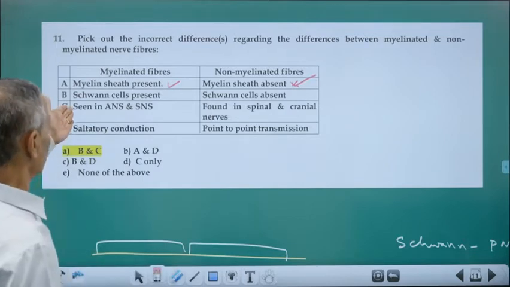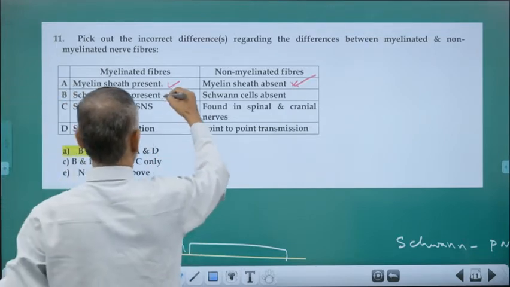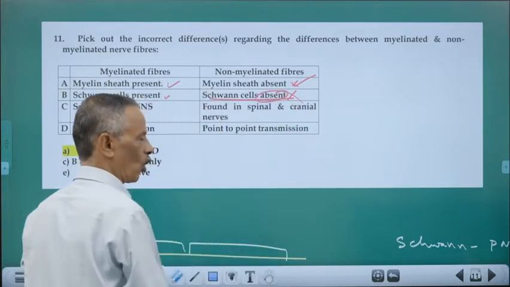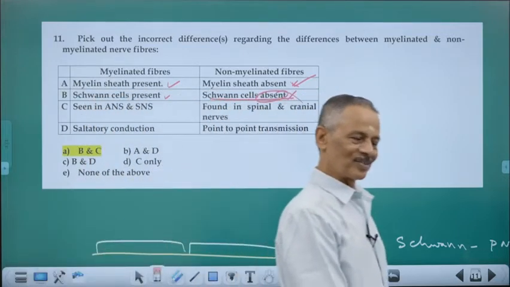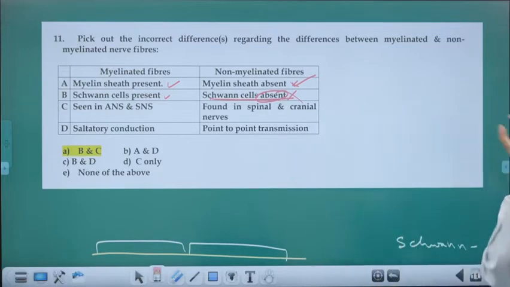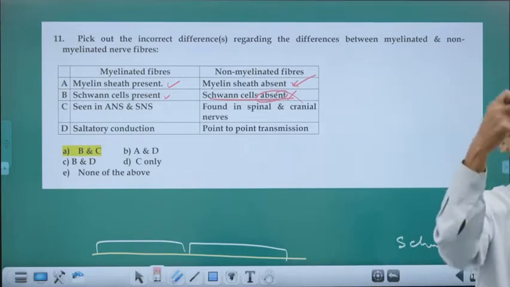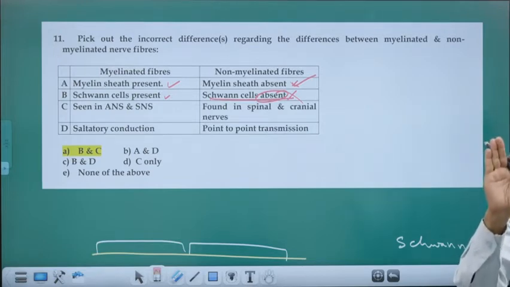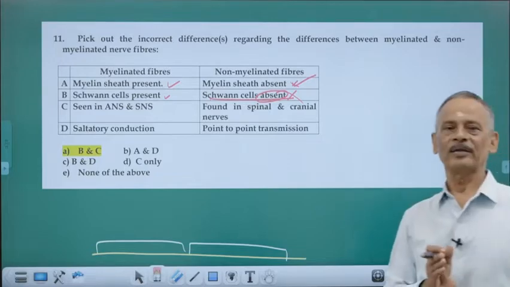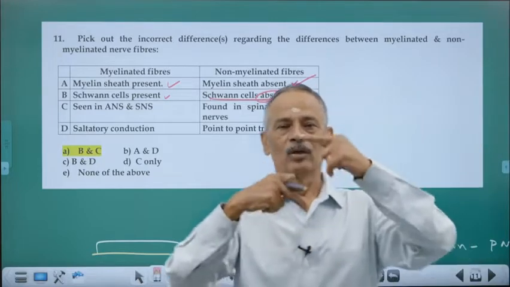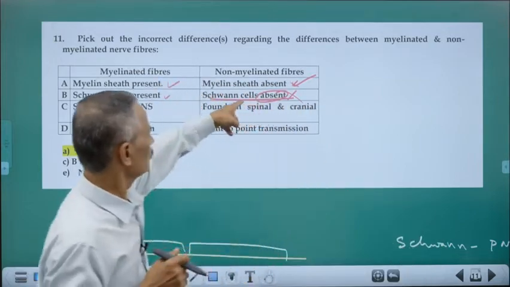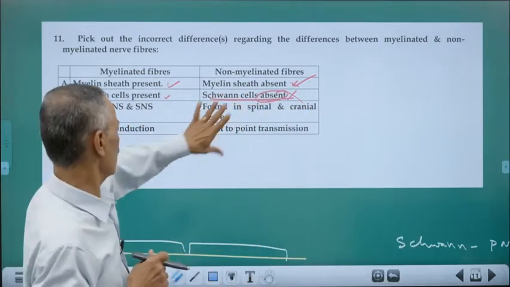Schwann cells are present in myelinated, and absent in non-myelinated, that part is wrong. Schwann cell will be present, but it is not forming concentric coiling. Schwann cell is present in both myelinated and non-myelinated, but in non-myelinated it is not forming that concentric coiling around it. So, Schwann cell is absent is a wrong statement.